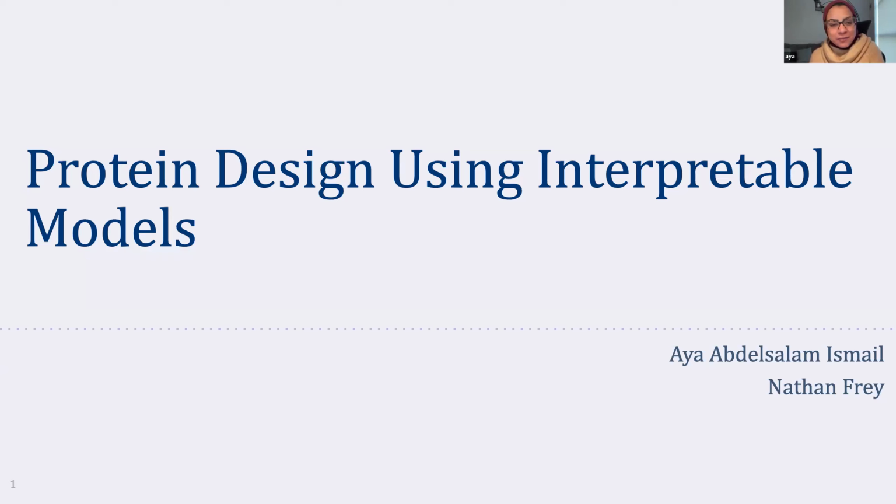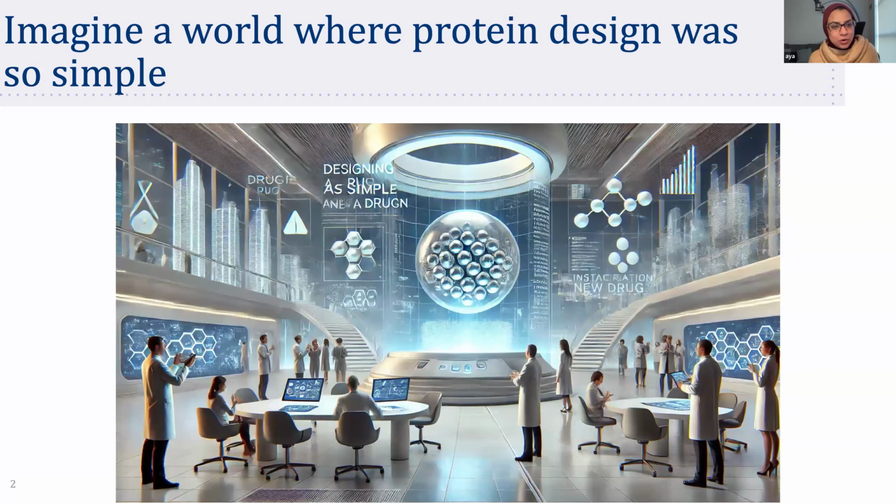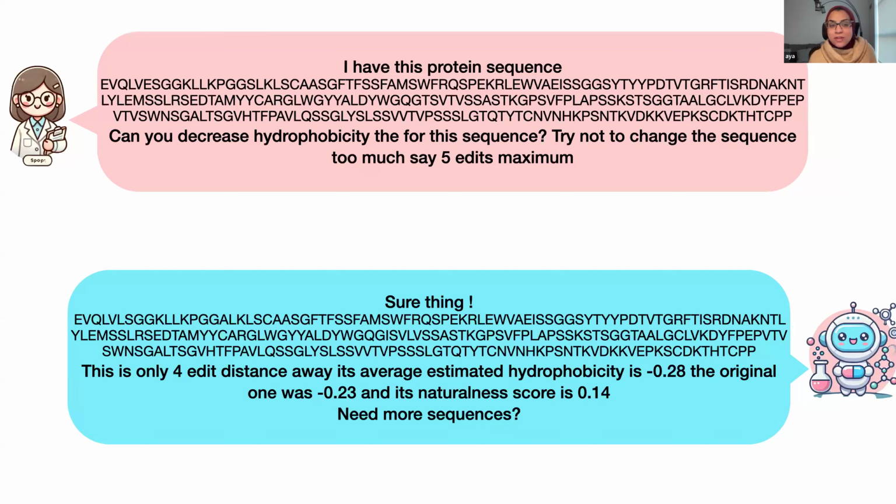Okay, so my name is Aya, and I'll be talking about protein design using interpretable models. First, let's think about a world where drug discovery is a very, very simple task. It's so simple that you just call an agent, give it a sequence, and ask it to perform a task that would usually take a wet lab scientist months.